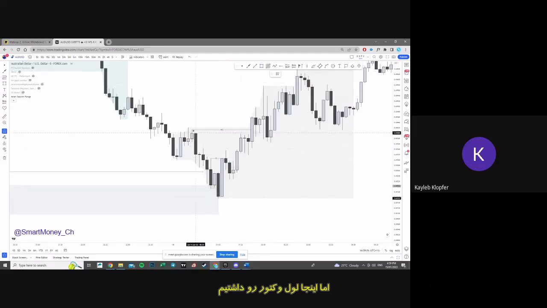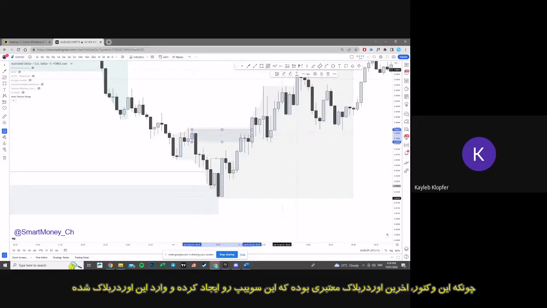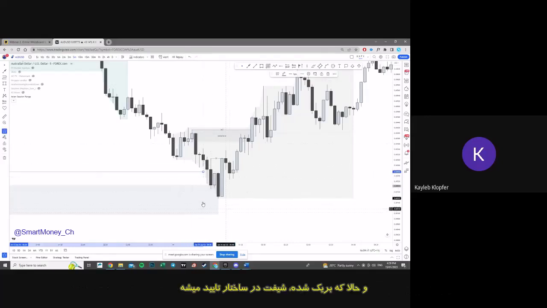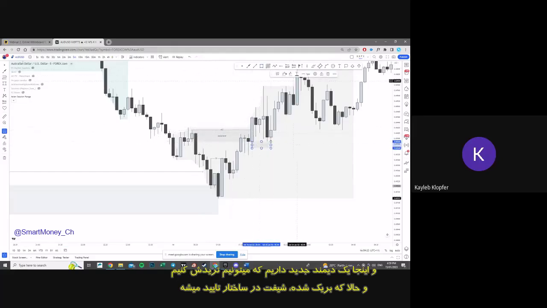But here we had our vector level, because this vector level was our last valid order block until that sweep into this order block. And because we broke it, we had our confirmed market structure shift. We have a new demand here, and we could have traded from this demand.